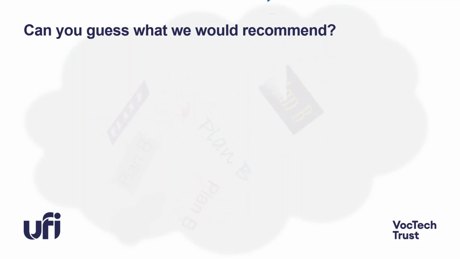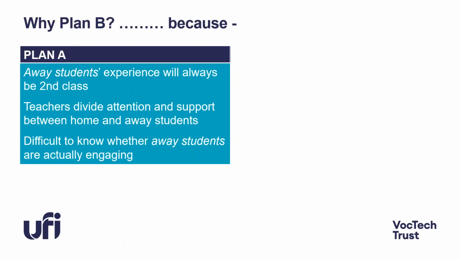And let me explain the logic of why that is. So with Plan A, just tuning into the classroom is relatively passive, and the distance aspect of it makes it easy to disengage.